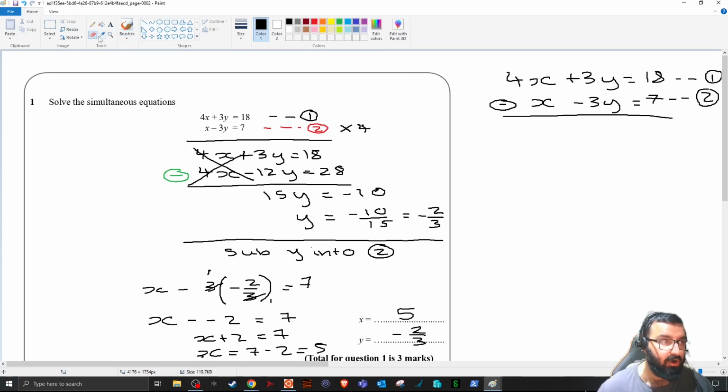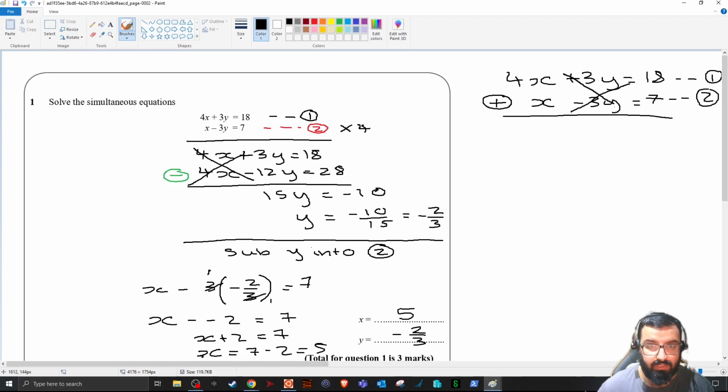And that defeats the whole purpose of eliminating y in order to solve for x in the first place. So instead, we can just add 3y to minus 3y in order to eliminate it altogether. That should be much simpler. So 3y plus minus 3y is going to be 0.